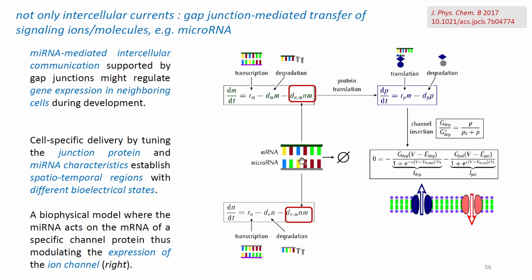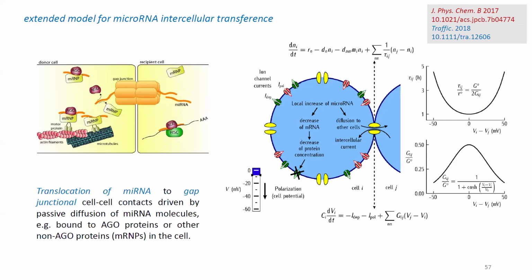In this model, we have assumed that this transference can downregulate a given channel so that the other channel can predominate. We have extended the previous model to this case, and we have an equation for the diffusion of the non-coding RNA through the gap junction, which should be solved in the multicellular ensemble together with the bioelectrical equation.